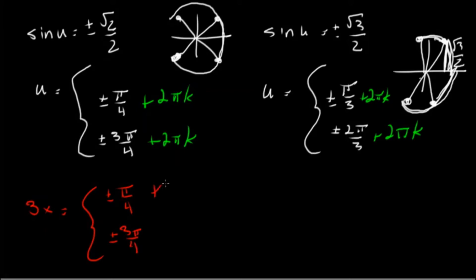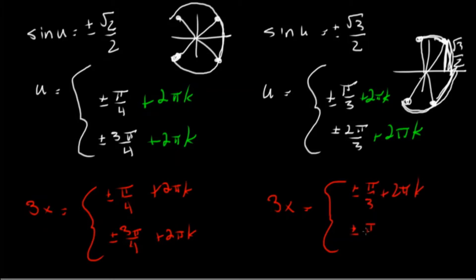All right, let me not forget my 2 pi k. And 3x is equal to plus or minus pi over 3 plus 2 pi k and plus or minus 2 pi over 3 plus 2 pi k. Cool. All right, I'm going to go ahead and grab this, take it to the next page with me.